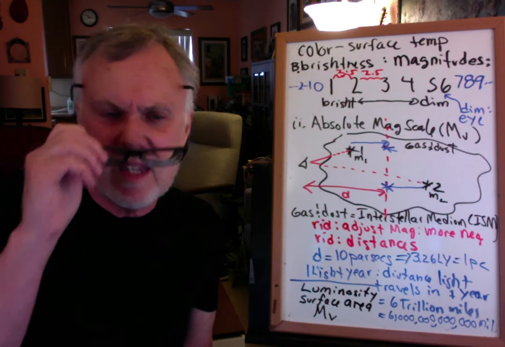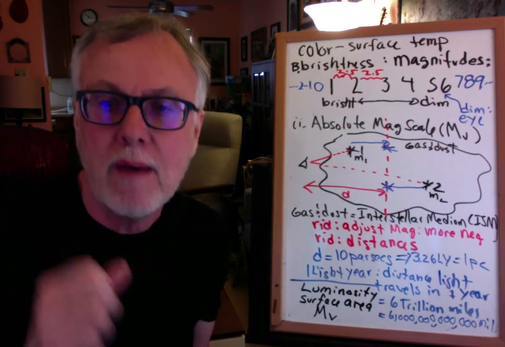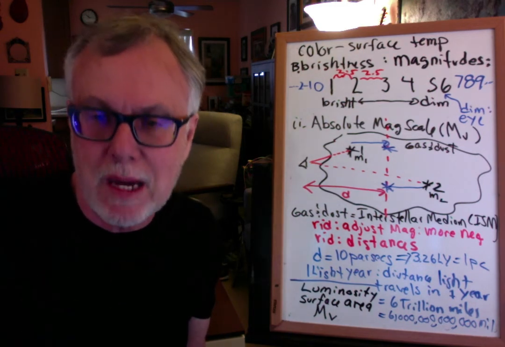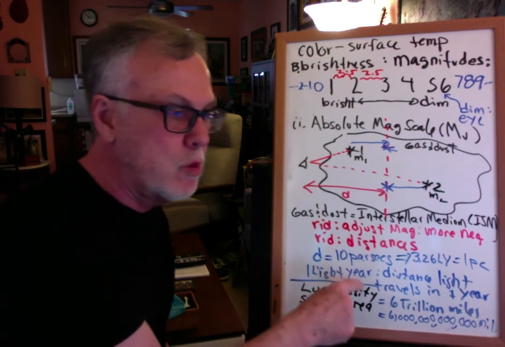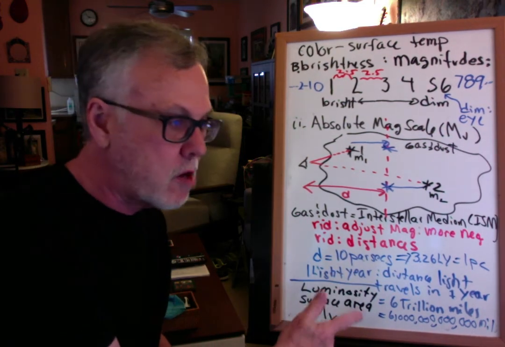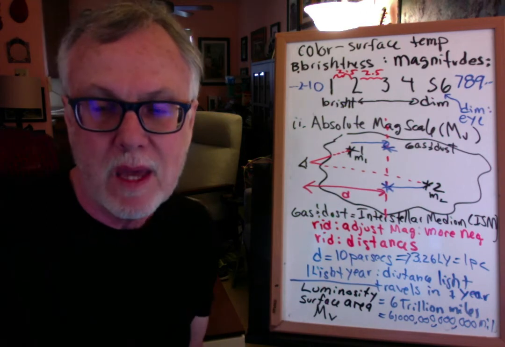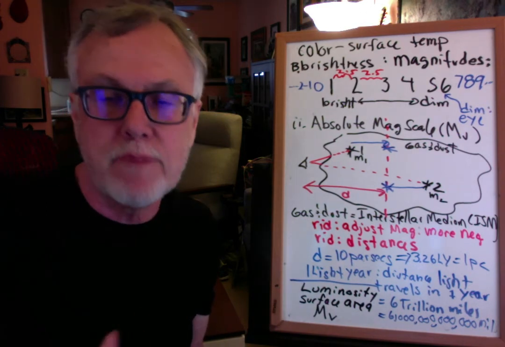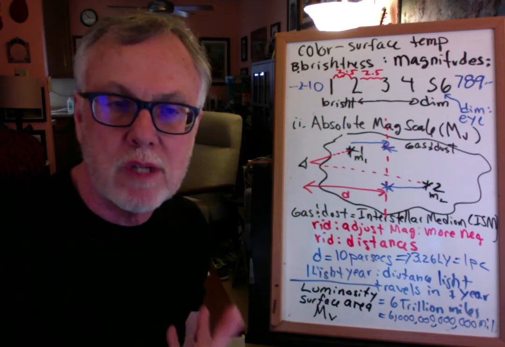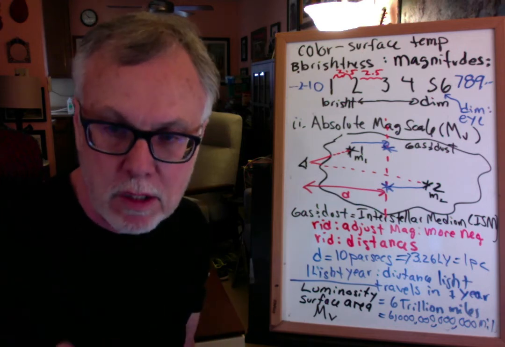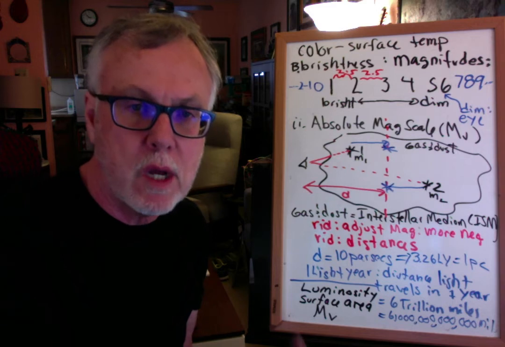What that means is that if stars vary in absolute magnitude, they must vary in their luminosity or surface area or both. And now we can really compare stars to get a better understanding of how stars vary from one to the other.